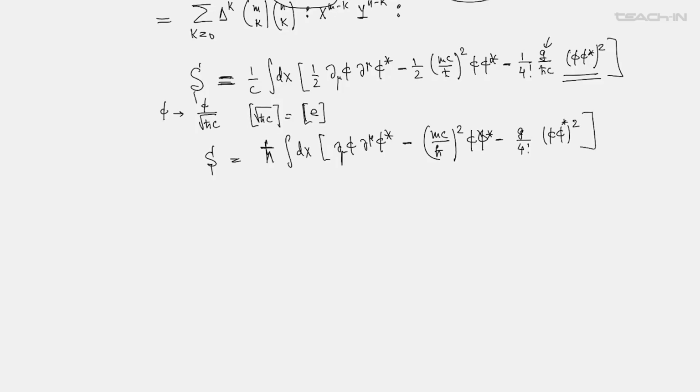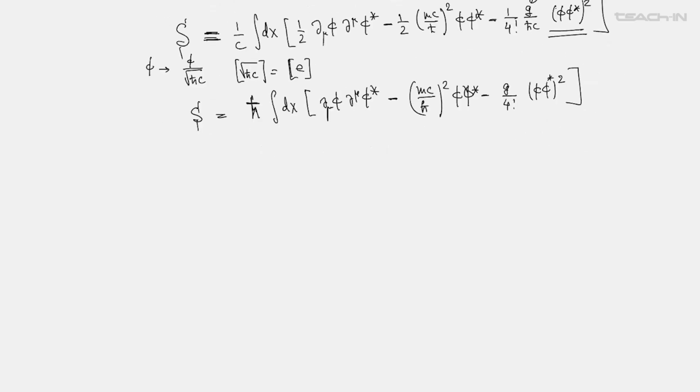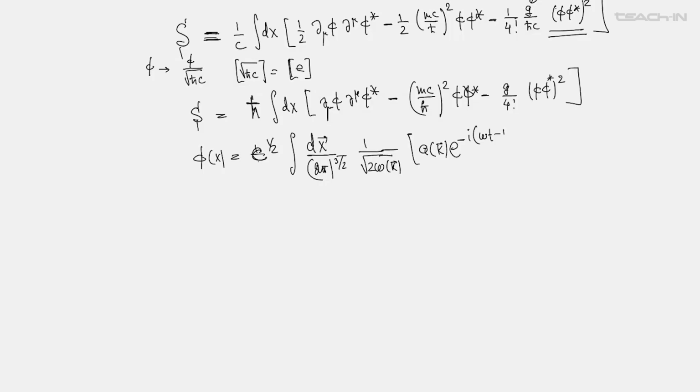Now, again, you can expand this field phi in terms of creation and annihilation operators. That's done exactly the same as for the case of a real field. So c in the power 1/2. Again, these prefactors like the speed of light are not so important for us. We can work in natural units if we wish. The expansion contains the annihilation operator times the exponential of minus i omega t minus kx, plus b dagger of k.